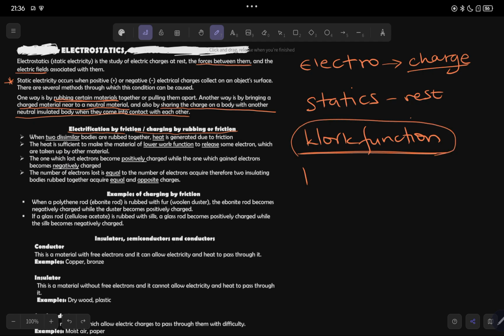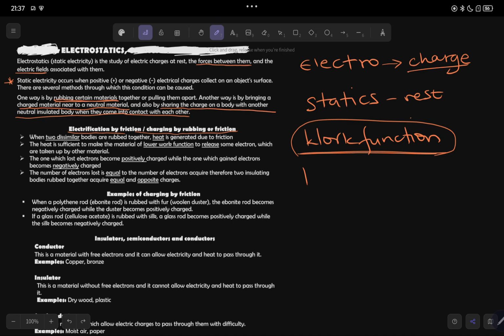Now, when we rub two materials together, one is having a low work function, the other one is having a high work function. That means the one which has a low work function will easily lose electrons because it requires a small energy to allow the electrons to go away.